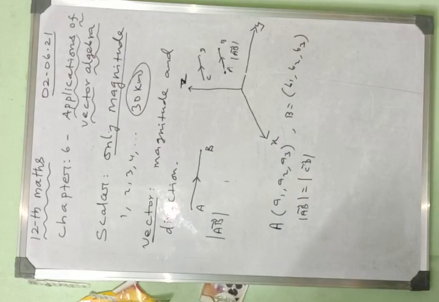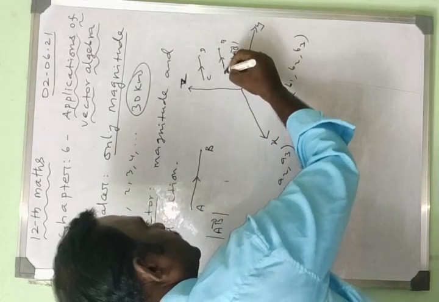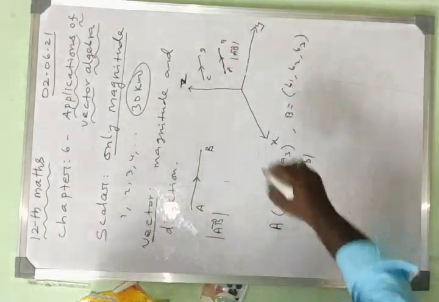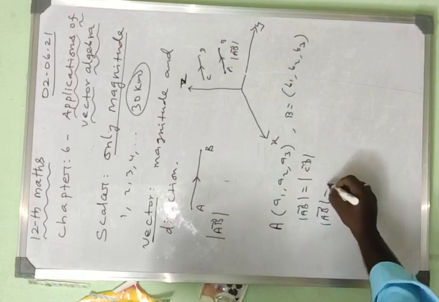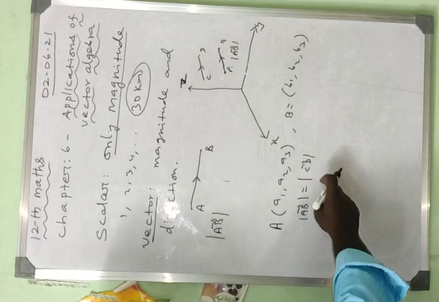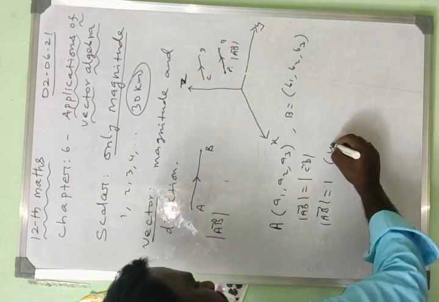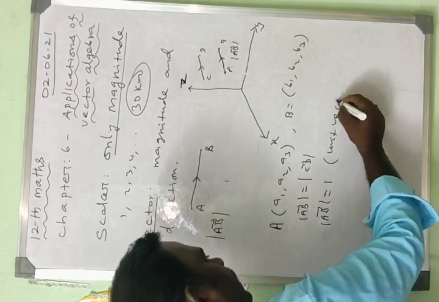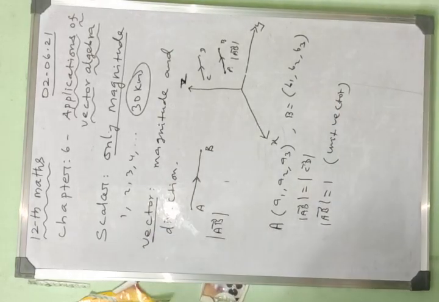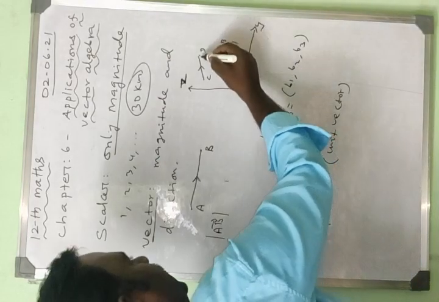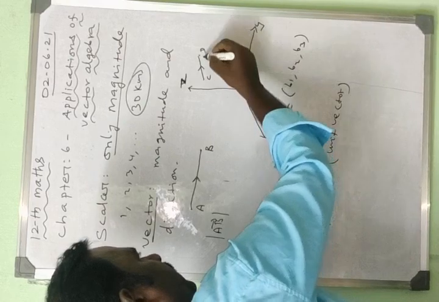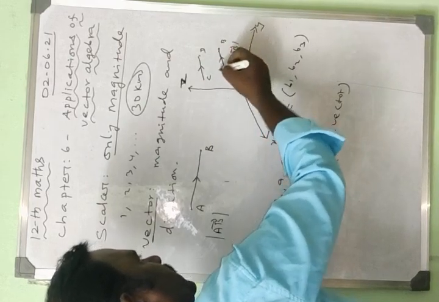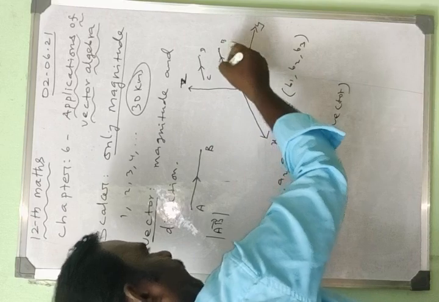Next, suppose this length you measure 1, that is a unit vector. Suppose mod of vector AB equal to 1. Length of the AB we get 1 means that is unit vector. Next, the CD is a translate of AB. These both vectors are equal means CD is a translate of AB like this.